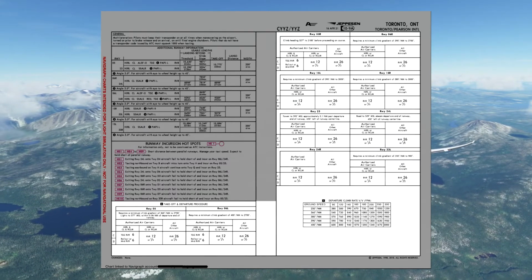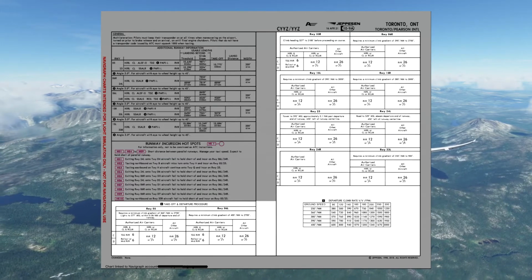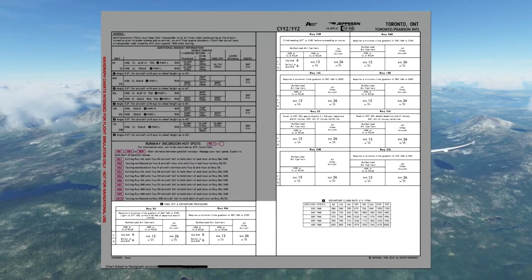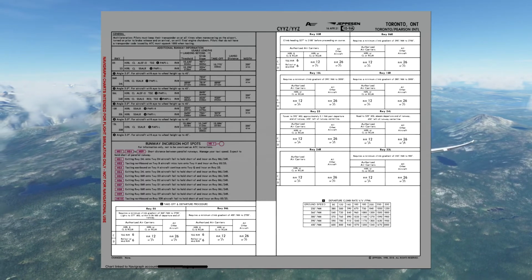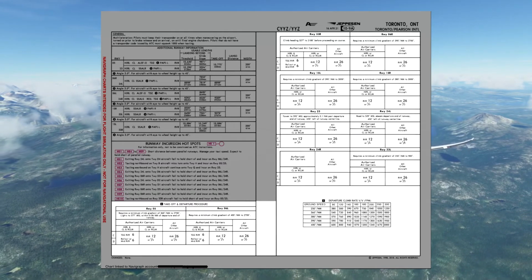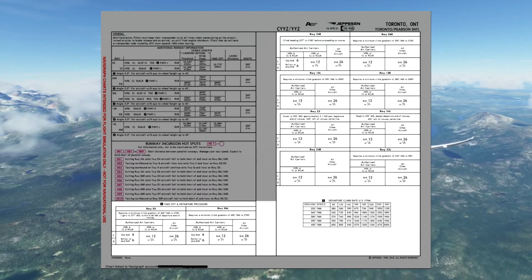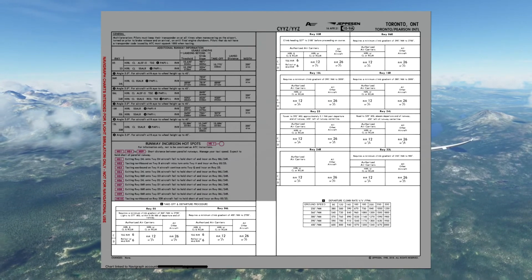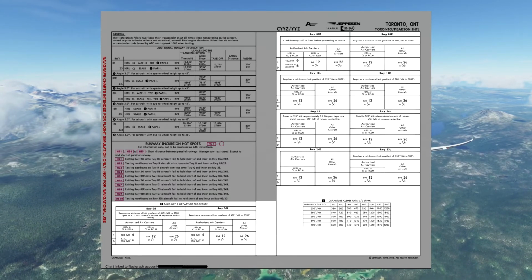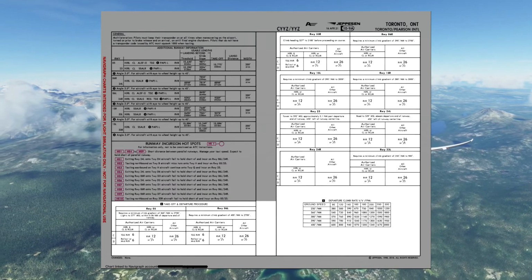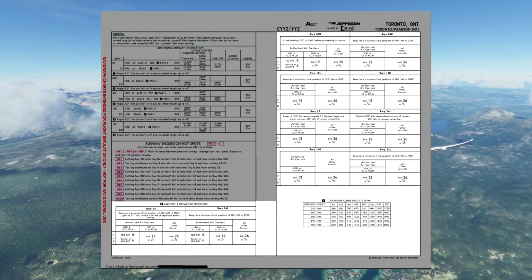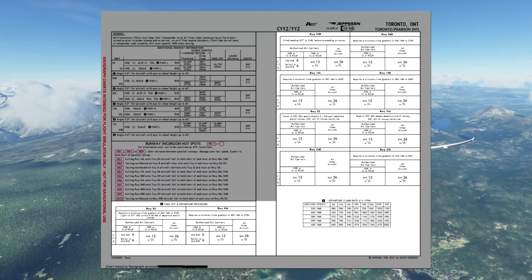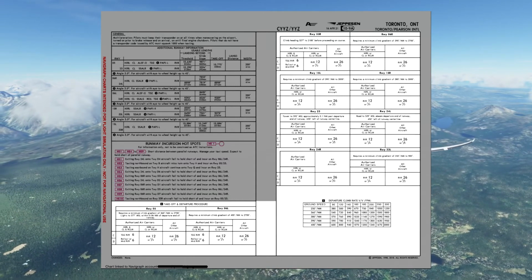And then at the very bottom on the right side, it has your departure climb rates in feet per minute. So if you have a ground speed of 160 knots, and you have to be climbing at 400 feet per nautical mile, you just look down at the bottom, you have to have a vertical velocity, a vertical climb rate of 1,700 feet per minute.